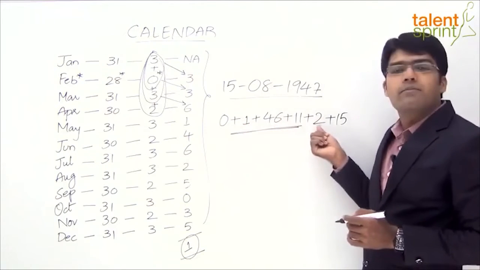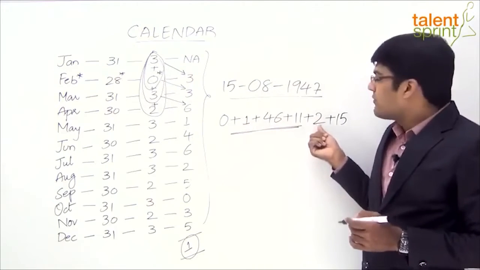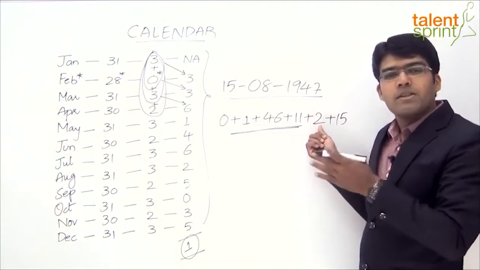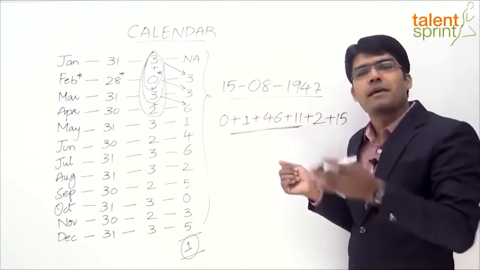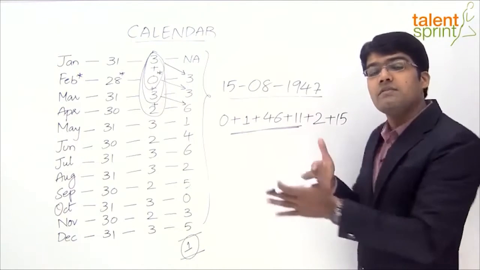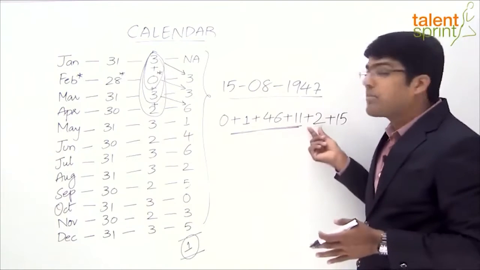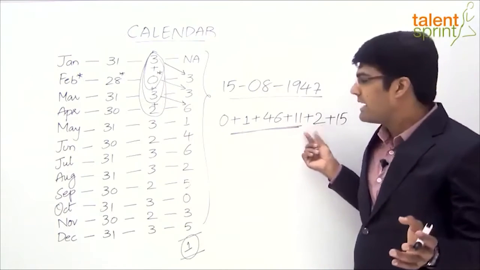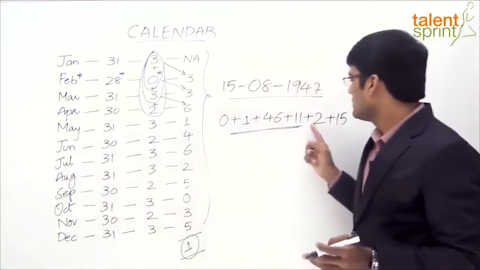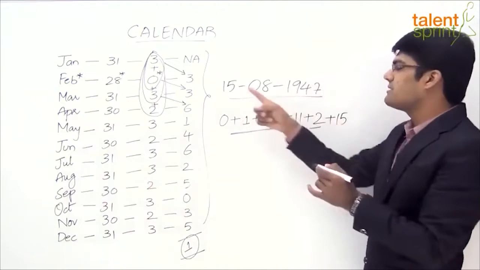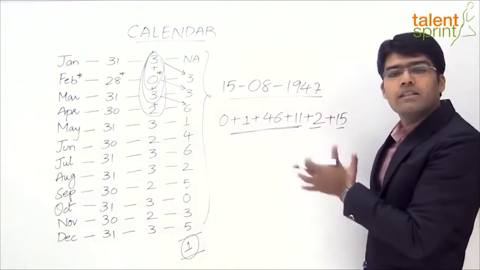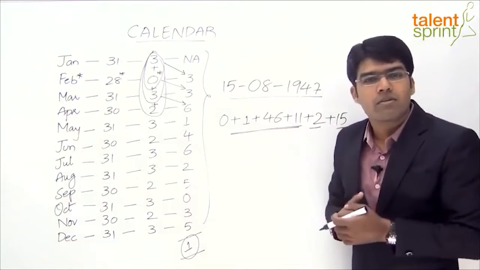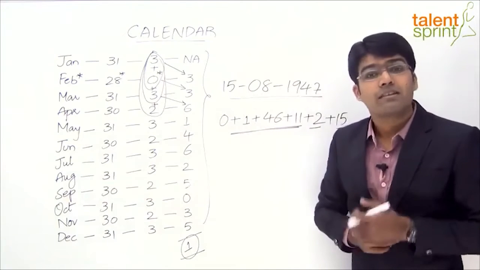Then this 2 is the helpful part here. Earlier, for the month of August, we needed to calculate for Jan, Feb, March, April, May, June, July individually. But now that part is eliminated. Directly take the code for August, which is 2. And 15, because the date is 15 here. Now add all these values, we'll get the total number of odd days, through which we can find out the day of the week.